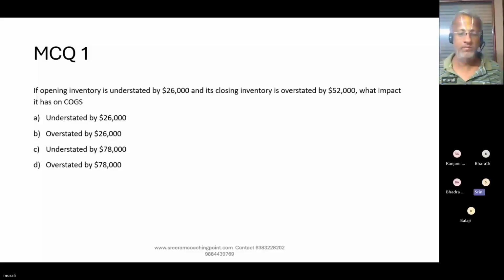If opening inventory is understated by $26,000 and closing inventory is overstated by $52,000, what impact does it have on cost of goods sold? A, understated by $26,000; B, overstated by $26,000; C, understated by $78,000; D, overstated by $78,000.